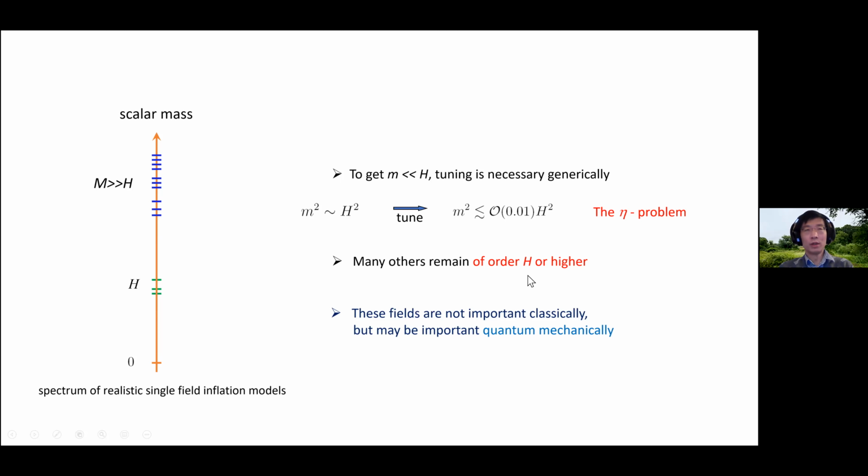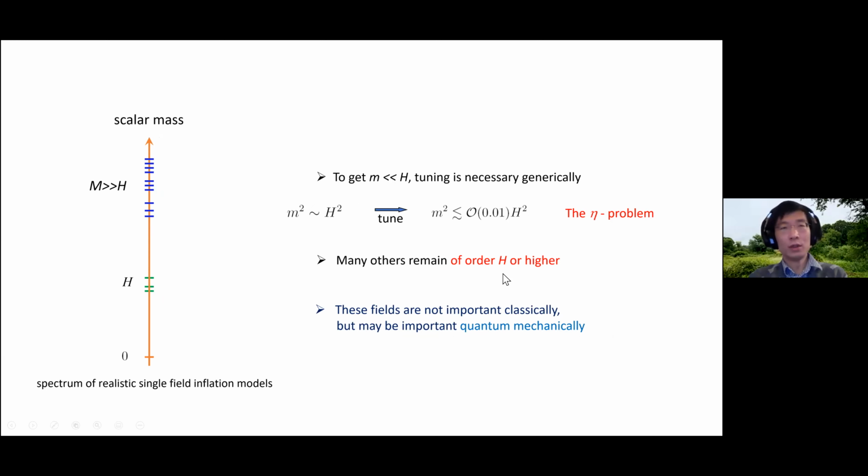When we build inflation models, there is the well-known eta problem: there are a lot of other massive fields with mass of order m squared around H squared, H being the Hubble parameter, and we need to tune at least one of them to be much lighter. That field is the inflaton that drives the inflation, and we are left with many others of order H and higher.